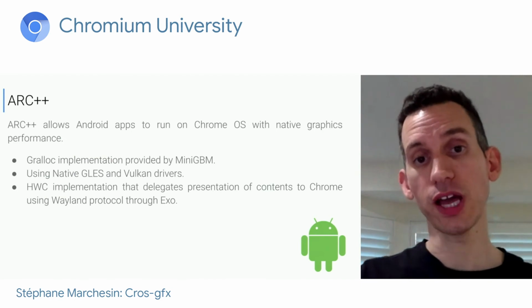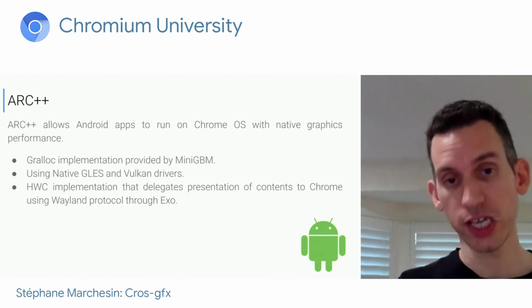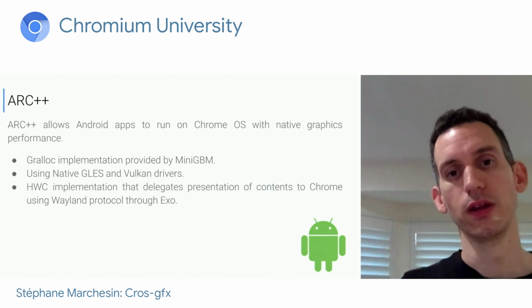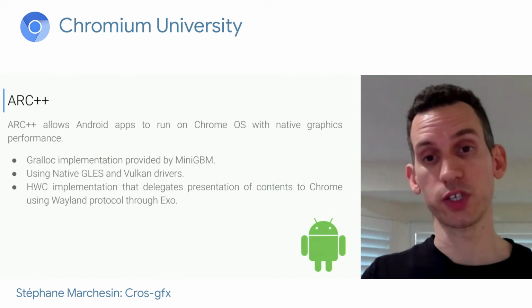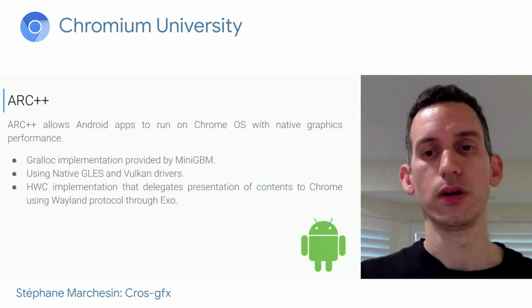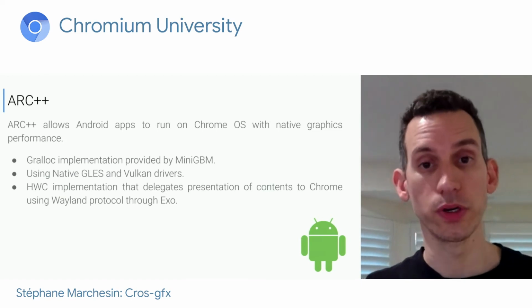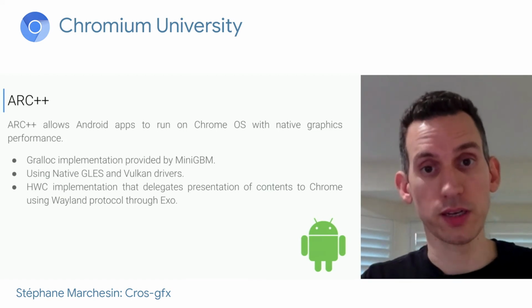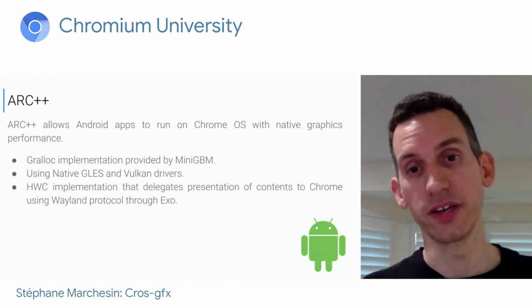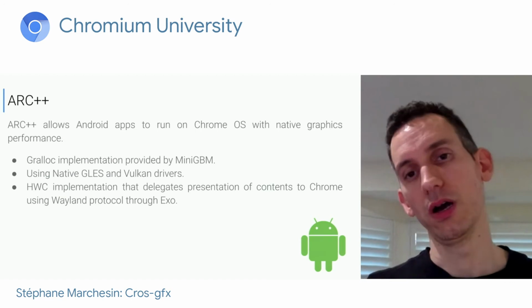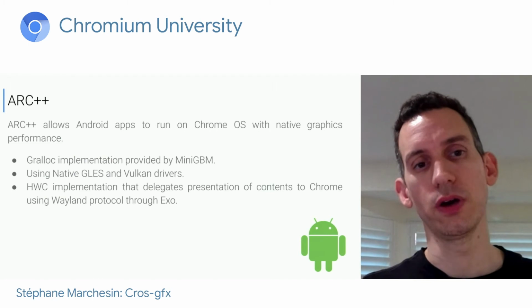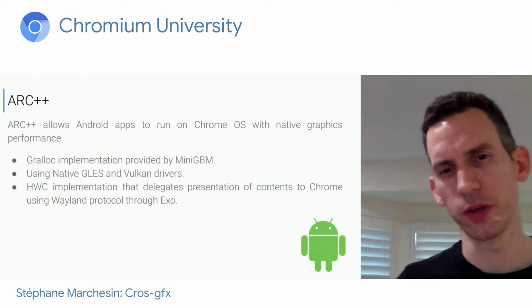And finally, the last component is all of the GLES and Vulkan that we use for exposing the 3D acceleration. Currently, these drivers run natively in the container. In other words, like I said earlier, we have a second pair of GL and Vulkan drivers inside the Android container, with a little bit of a different windowing system integration, but otherwise they're very similar to the host side driver.